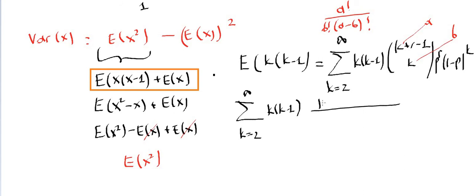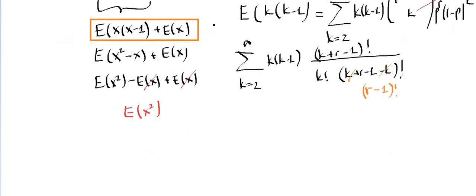So we obtain (k plus r minus 1) factorial over k factorial times (k plus r minus 1 minus k) factorial, which is r minus 1 factorial again, and we have p to the r, (1 minus p) to the k, the rest of the equation.